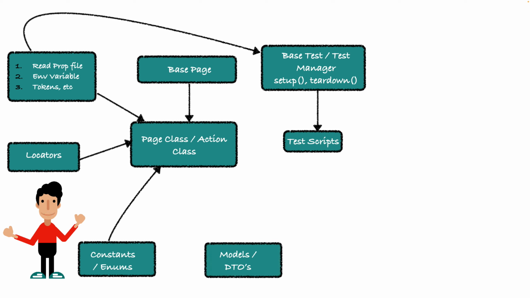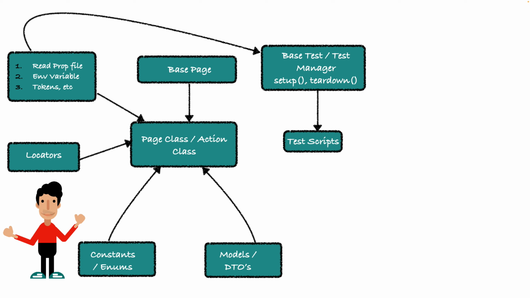Then the next is models and DTOs, and you might require these models and DTOs for certain validation. For example, in your application there is a page on which there are multiple fields or labels which display user details.